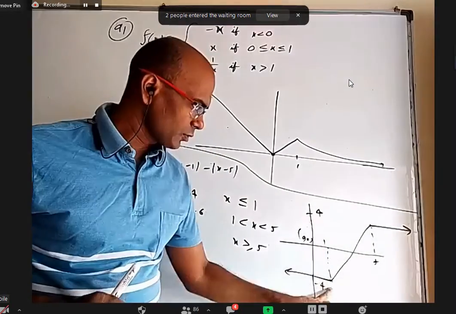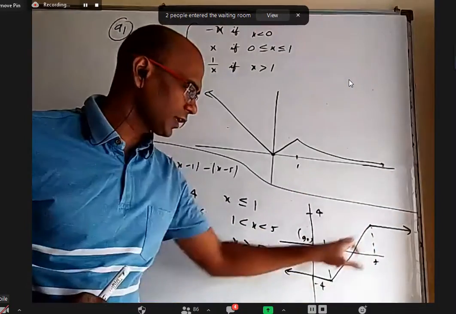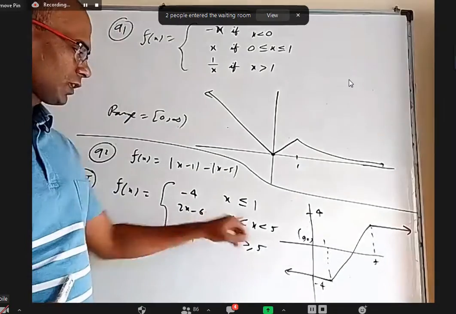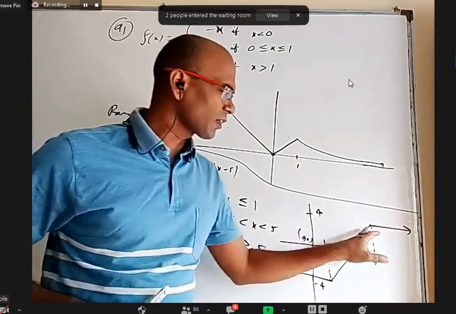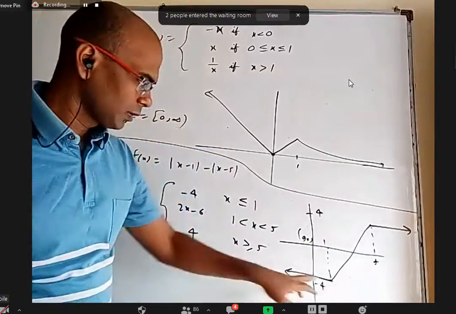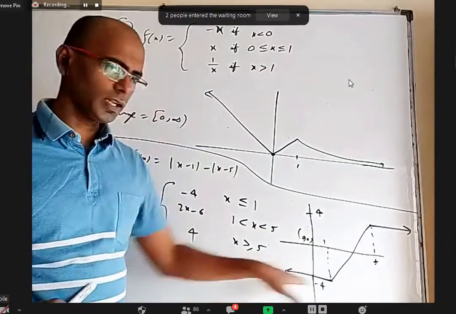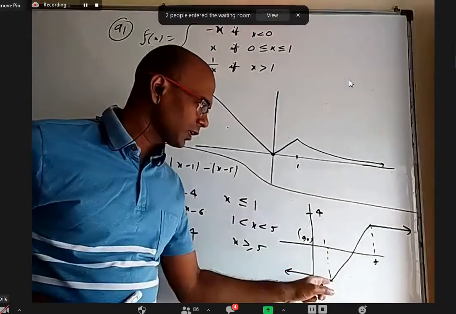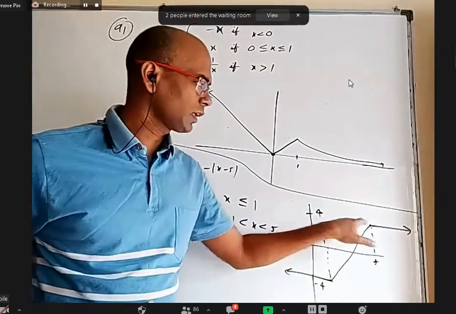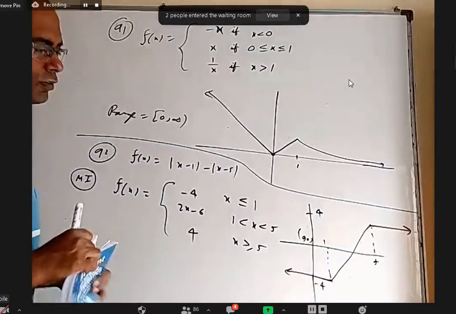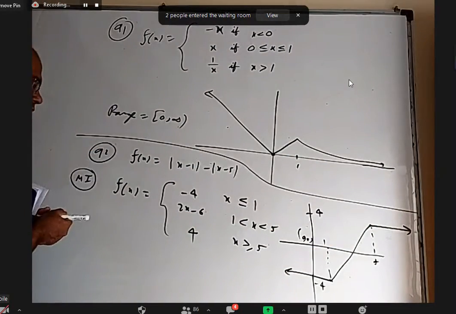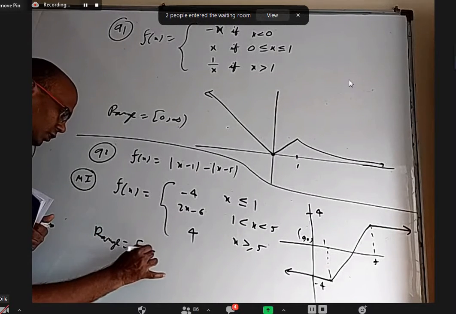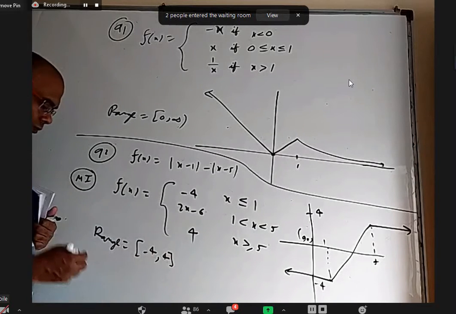At 1 it is minus 4, at 5 it is 4, and in between it is a straight line 2x minus 6, a line with slope 2. When you put 1, minus 4 will come; when you put 5, plus 4 will come. After 5 it is always 4, a horizontal line. Before 1, always minus 4, another horizontal line. From minus 4 to 4, every y coordinate is covered. So the complete set of y coordinates covered in this graph is minus 4 to 4. So the range is minus 4 to 4.